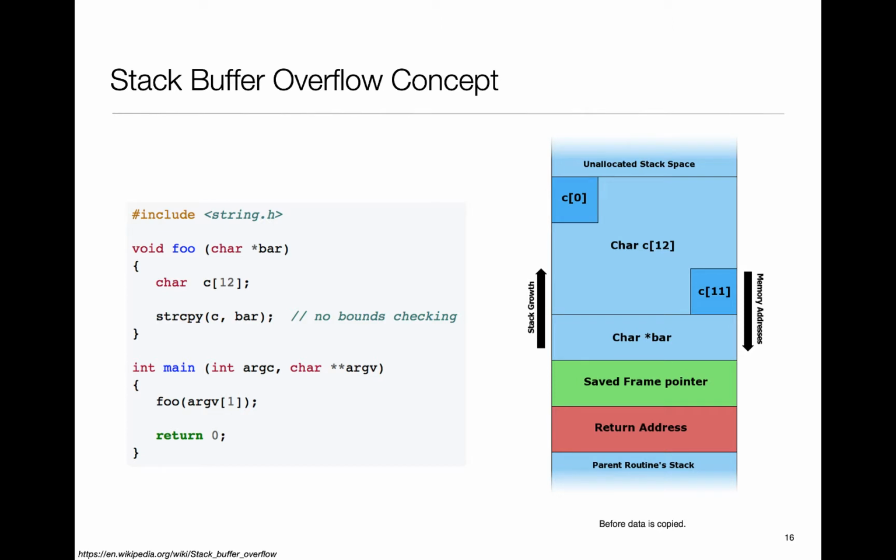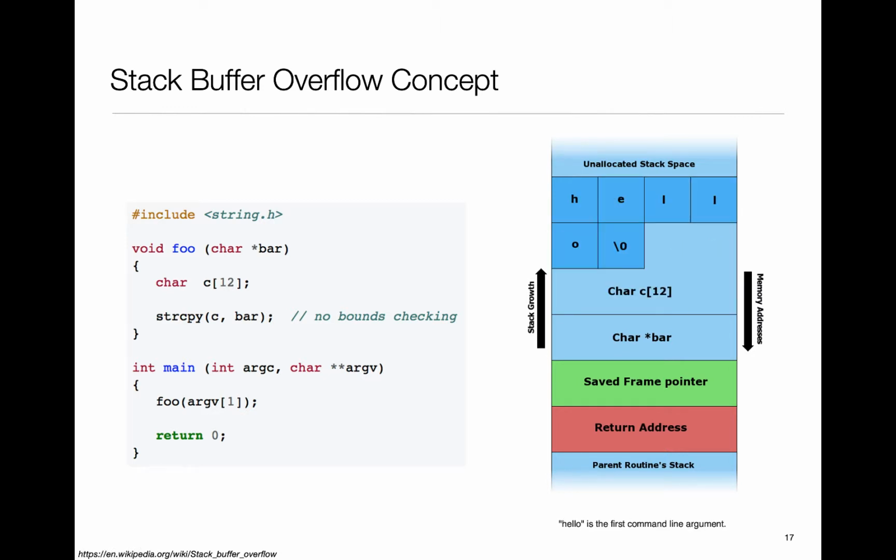So let's take a look at a simple example of a stack buffer overflow. On the left we have some vulnerable code, and on the right we have the associated stack. The main function here takes in an argument from the command line and passes it to the function foo. The function foo will essentially copy that argument to some local buffer here.